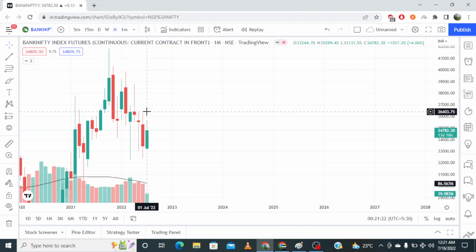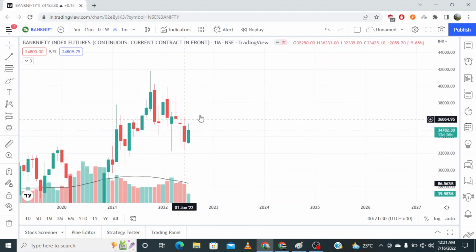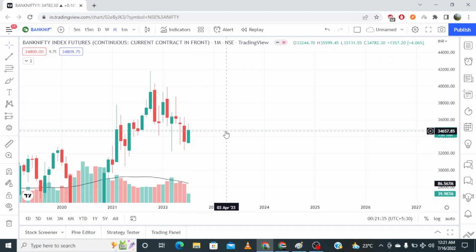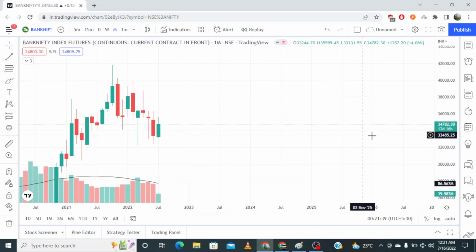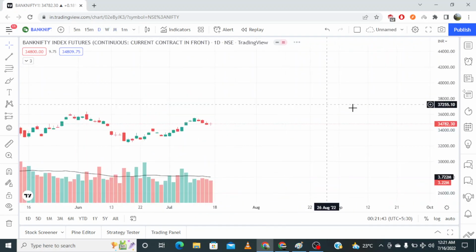This is a bullish harami. It is formed at the bottom, so there is a chance. I'm not saying it is 100% sure. The month is not over yet, but no, this isn't a bullish harami. Sorry, my bad. Never mind, I'm sorry about that.